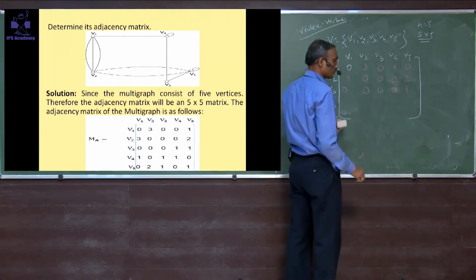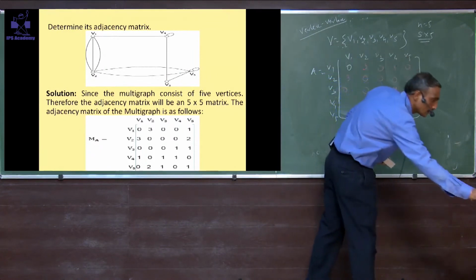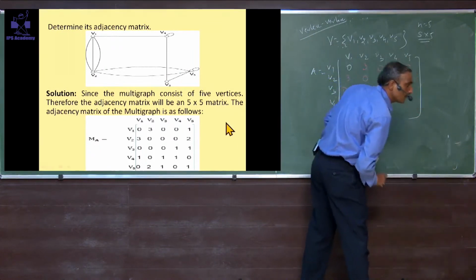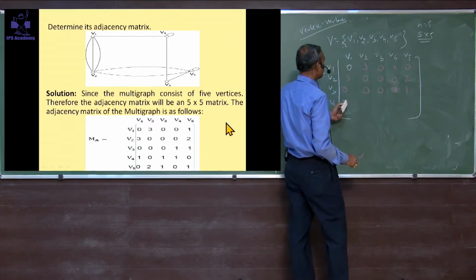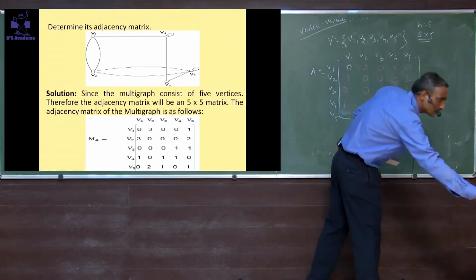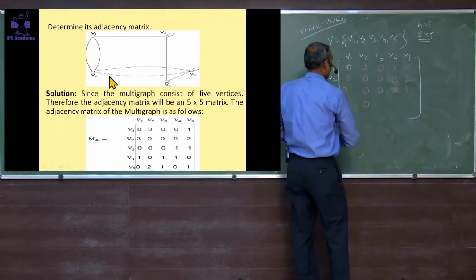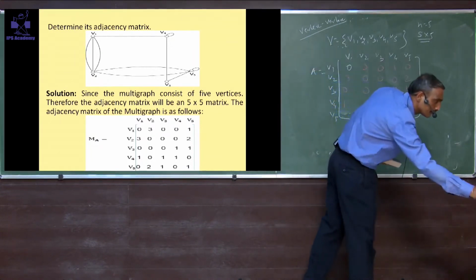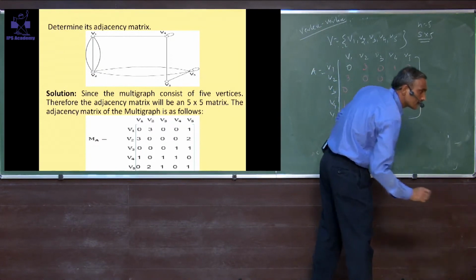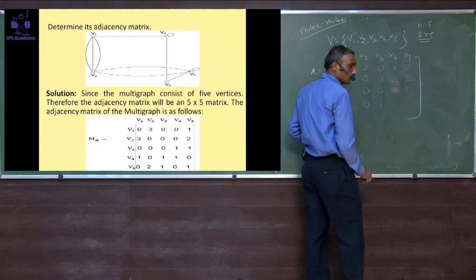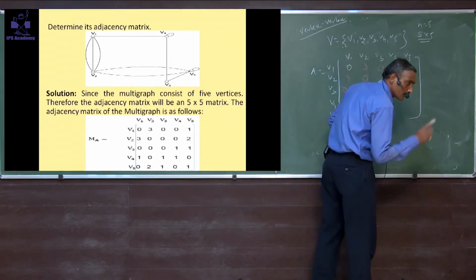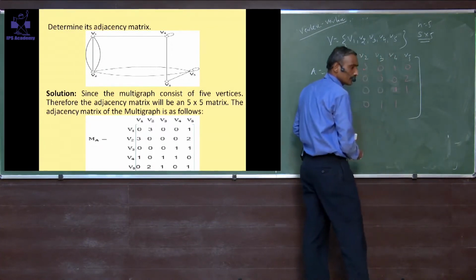Now V4. V4 to V1 is 1, there is an edge. V4 to V2, looking at this graph, is 0. V4 to V3, they are directly connected, that is 1. Then V4 to V4, there is no self loop, so 0.